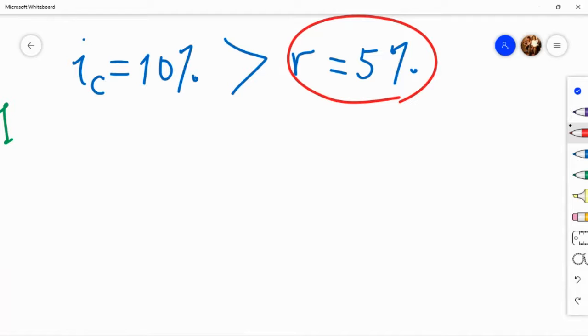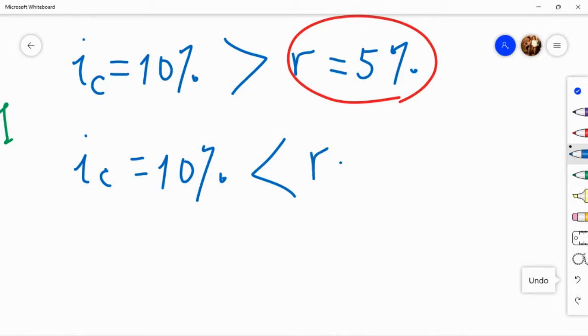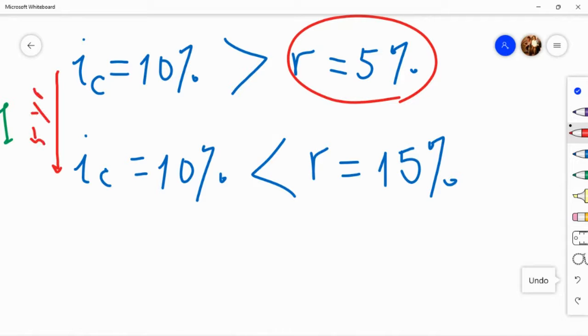But 5 years later, let's say 5 years have passed, the coupon rate will still hold at 10%, but let's say the prevailing market rate went up to 15% in 5 years' time.